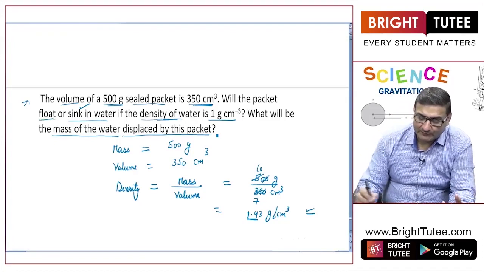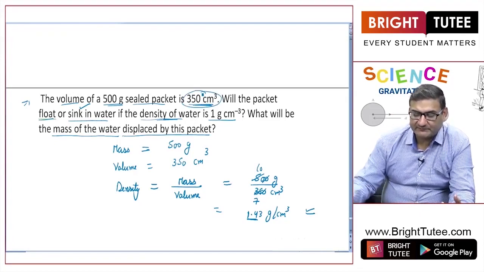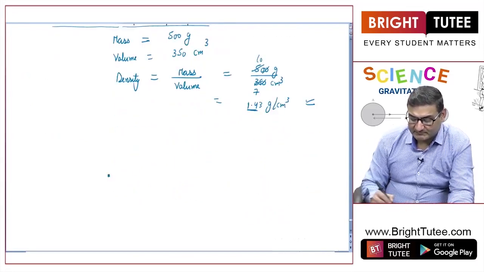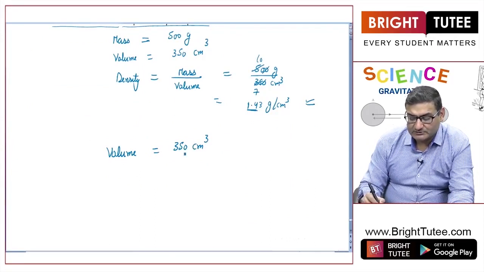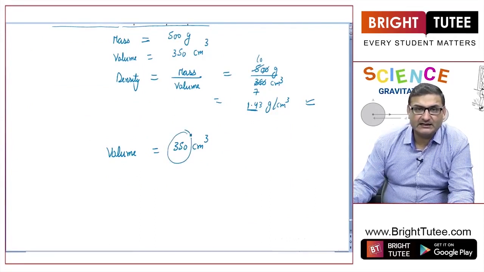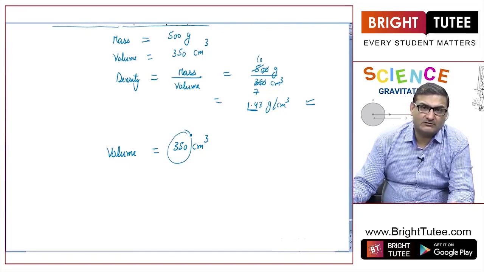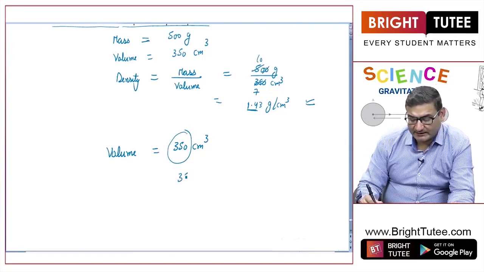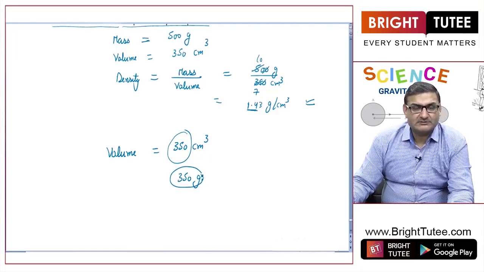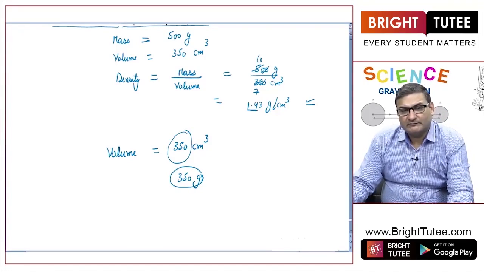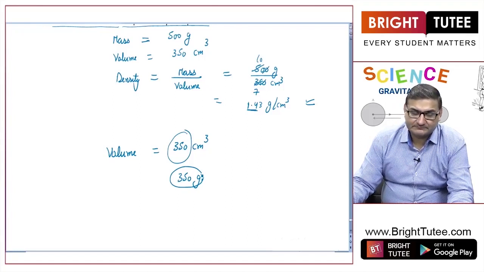So if the volume of the substance is 350 centimeter cube, this is exactly the amount of water it is going to displace. 350 grams of water it is going to displace. Why? Because the amount of water displaced is equal to the volume of the substance, right?